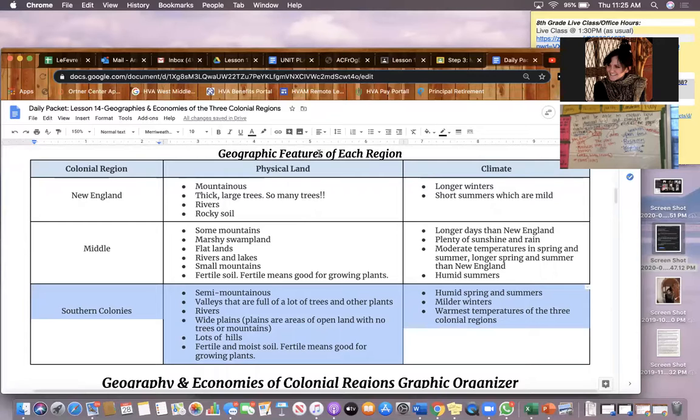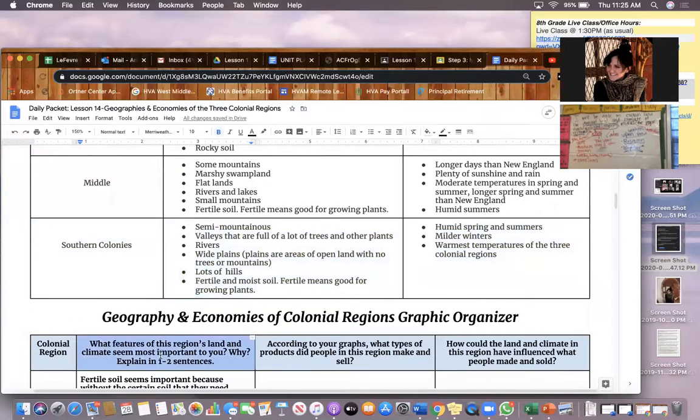But if you're not, this chart does give you the information that you need. So using this chart, you're going to answer question number 1 in your graphic organizer. What features of this region's land and climate seem most important to you? Why? Explain in 1 to 2 sentences.